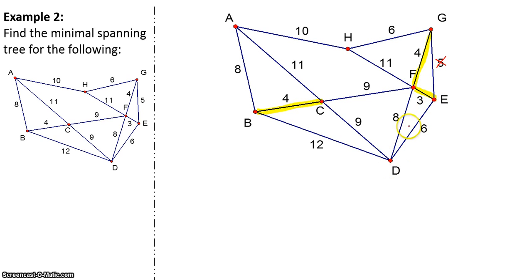So, yep, I can build this 6 and I can build this 6 because it won't create any circuits. So I would build this, and I would build this one. 7s, nope, no 7s. 8, so yep, I would build this 8.